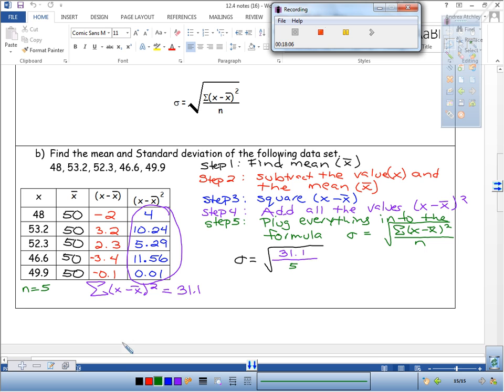So in your calculator, you're going to take 31.1, divide it by 5, and you should get 6.22, but it's still square rooted. So you're going to square root that number. So your standard deviation should equal about 2.5. Not exactly 2.5, but we're going to round to 2.5.